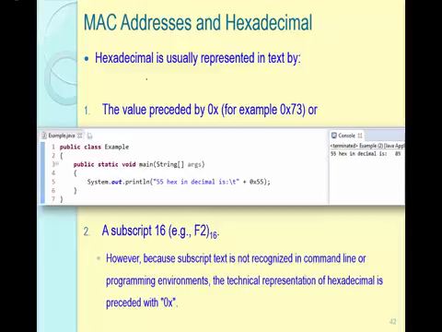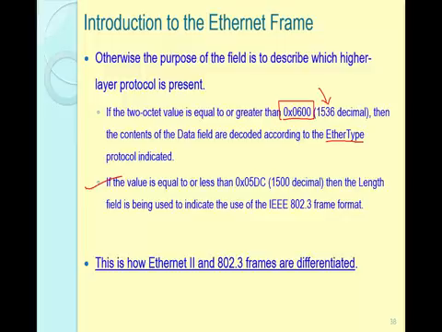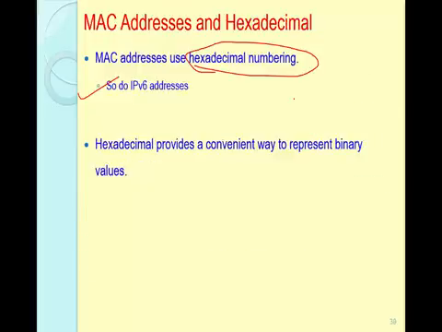Now, if you look back at the limit of the values, notice we said 0x0600 is a hexadecimal value. That's usually how we express hexadecimal numbers, by indicating before them the prefix 0x to indicate that, hey, this value isn't a regular decimal 600, no, it's a hexadecimal 600.